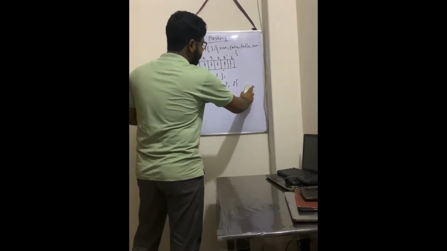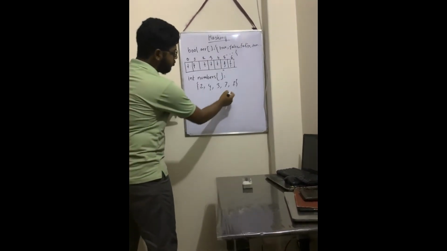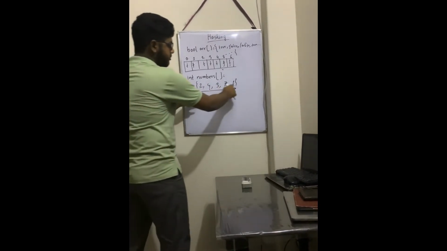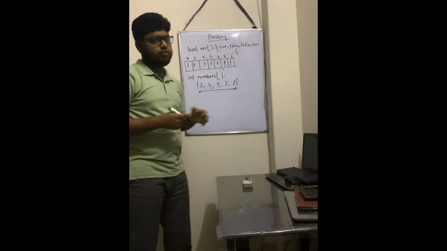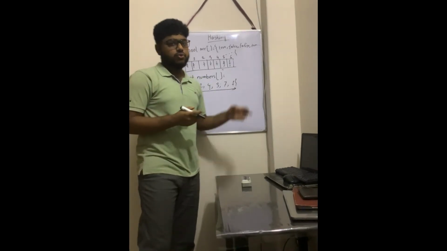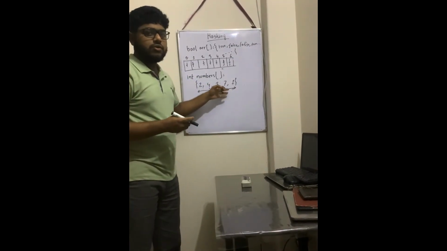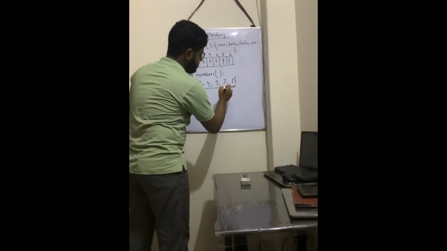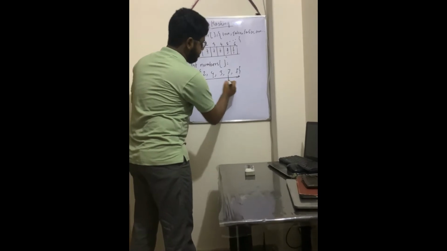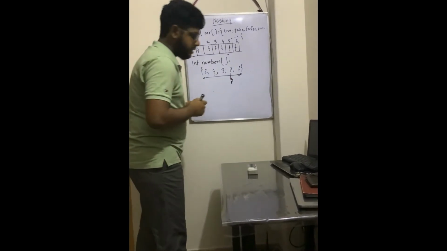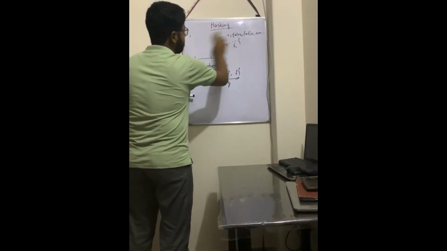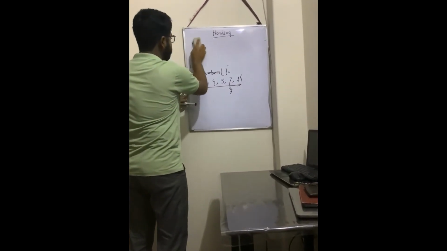We take the maximum value from this array. Hopefully you know how to get the maximum value from an array. So it is 7. We initialize a Boolean array of maximum plus 1.